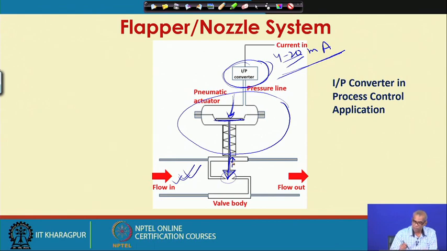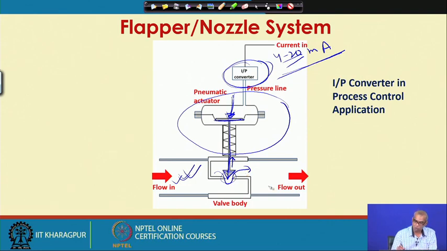That means, depending on the current that is being sent by the electrical controller, the IP converter will generate an appropriate output pressure, and that output pressure will decide the gap for the flow.